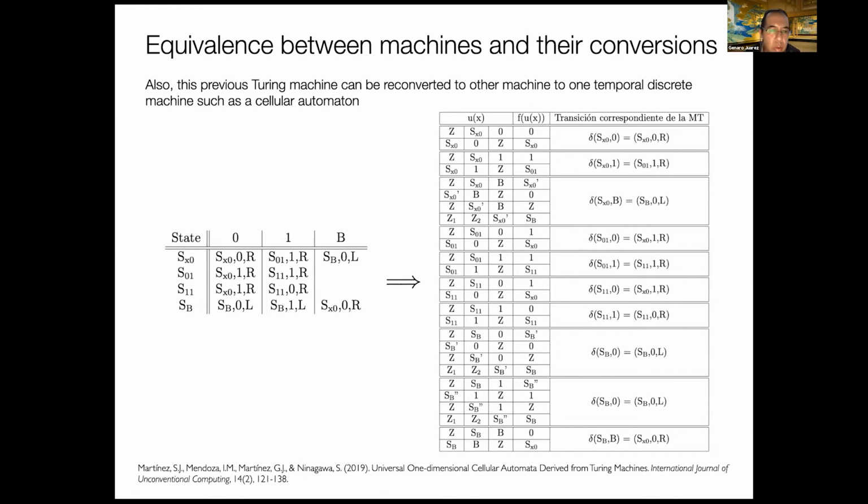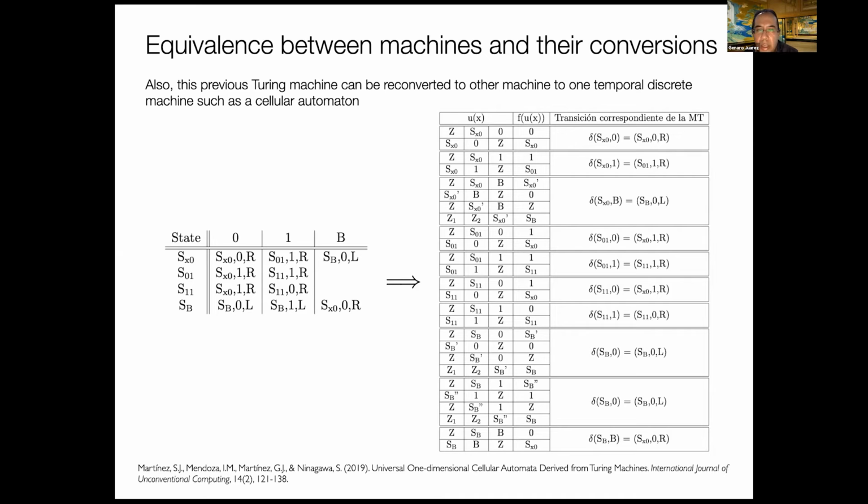For example, we have a Turing machine that we can translate to cellular automata. What is the problem to do these translations? Well, the translations could imply more states, more relations for the new machines.